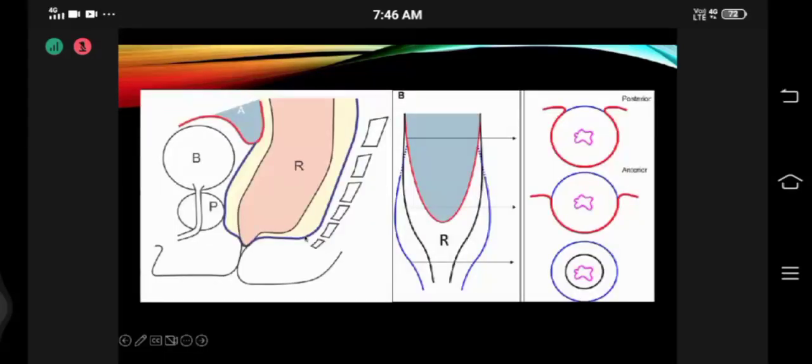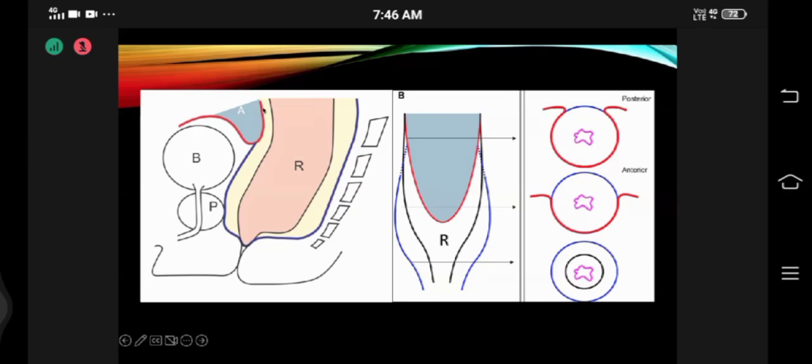So the rectum is enclosed by the mesorectal fascia only in the mid and lower part of the rectum. This blue line is the mesorectal fascia. If you see, the rectum is a non-peritoneal structure, while the upper rectum is covered by the peritoneum.